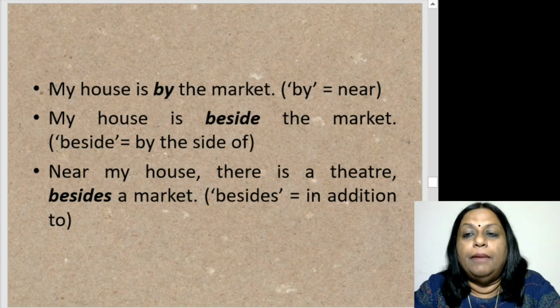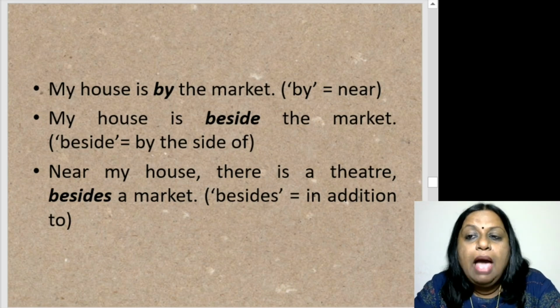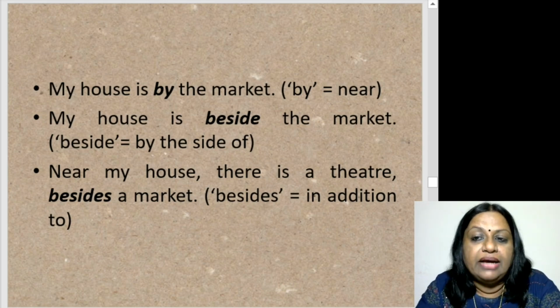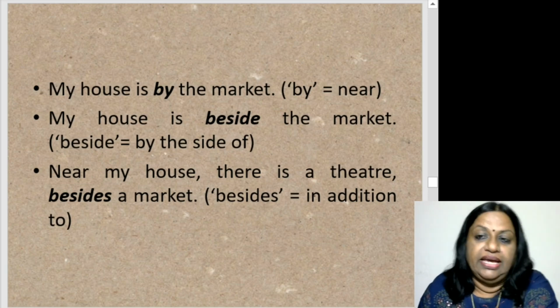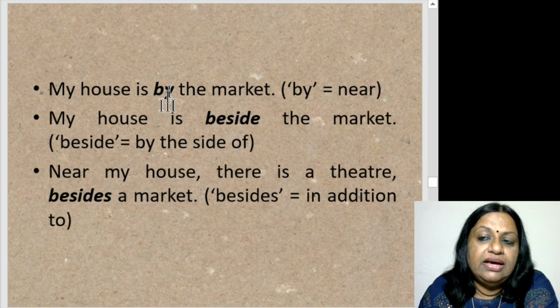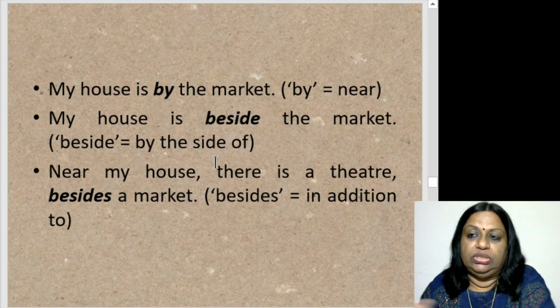Okay, my house is by the market. Here, by means near. My house is beside the market. Beside here means by the side of the market. By here is near, beside here is absolutely next to the market.